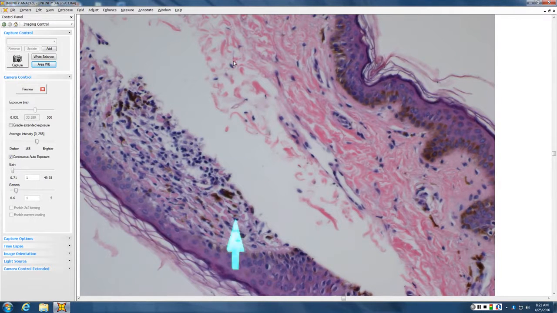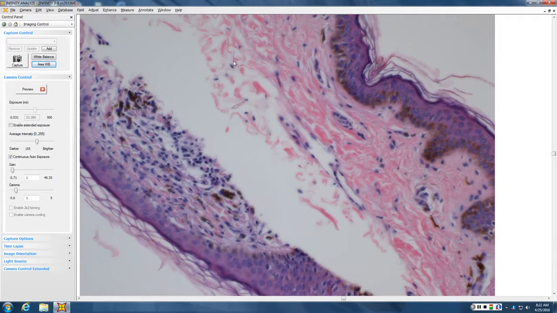So more likely pigment incontinence, and pigment incontinence surrounding little pink chunks. So what's your differential for the little pink chunks? Like a Civatte body. So they could be Civatte bodies, or they could be amyloid.